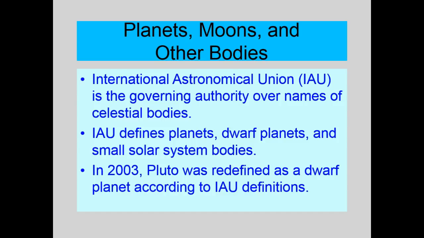Now, what are some of those definitions? We're not going to get into these in great detail, but for instance, the size matters some. Not hugely, but some, and Pluto was on the lower end of that scale. Another important thing was the plane of revolution. Most of the planets fall pretty close to one plane around the sun.